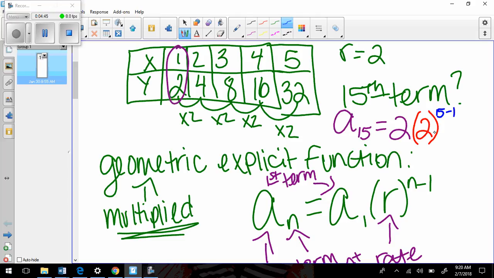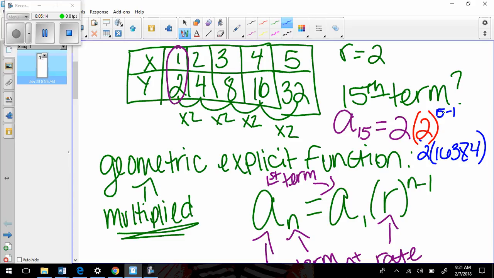Now it is just simply a matter of solving this equation. So 2 to the 14th power is what we're going to do there. It's going to be 16,384.